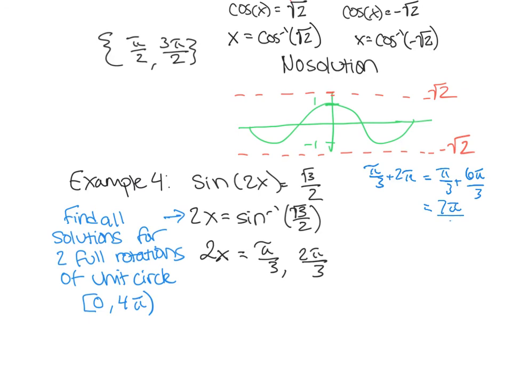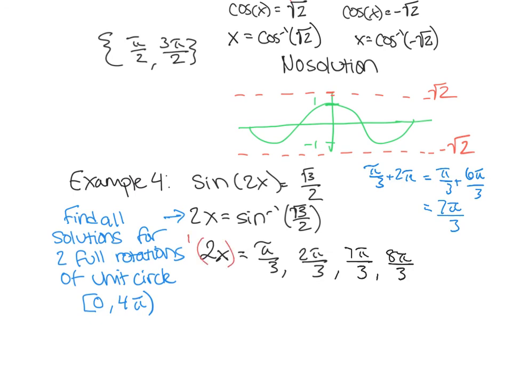And in this case, that would be 7 pi over 3. So another one of our answers is 7 pi over 3, just going that extra rotation. And then if you wanted to add 2 pi to the 2 pi over 3, you are going to end up with 8 pi over 3. So these are all the answers we have for 2 full rotations, but we still have to solve for x.